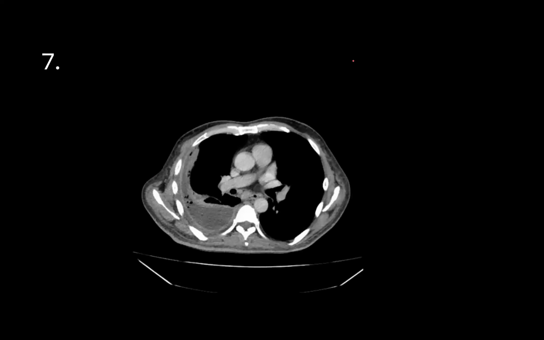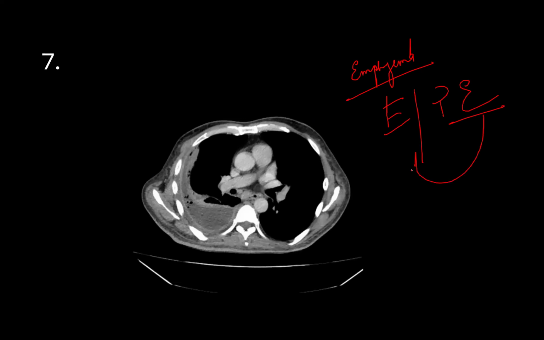Coming to the seventh spotter, this is the case of empyema. Now, what is the difference between empyema and pleural effusion? So, if the pleural effusion fluid becomes infected, it will become empyema. And in empyema, we can see on contrast, it is a lenticular opacity and it is showing smooth enhancement plus thickening.